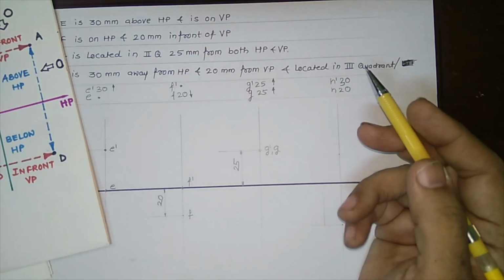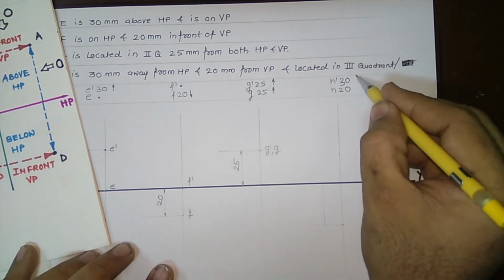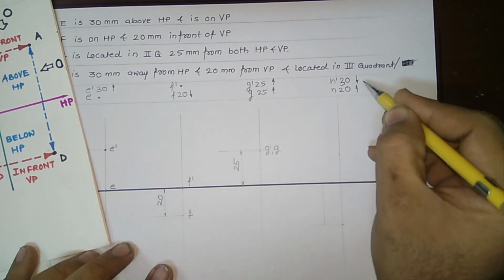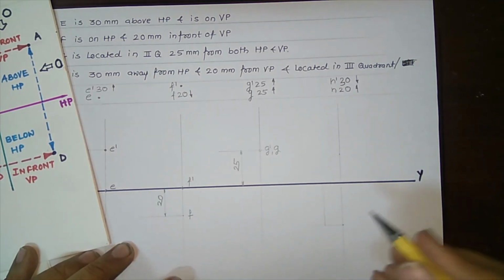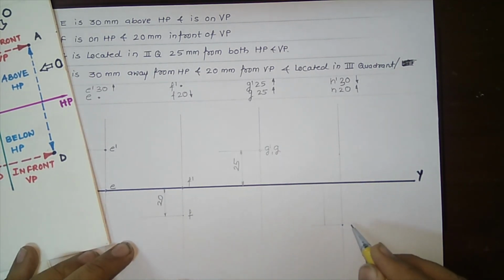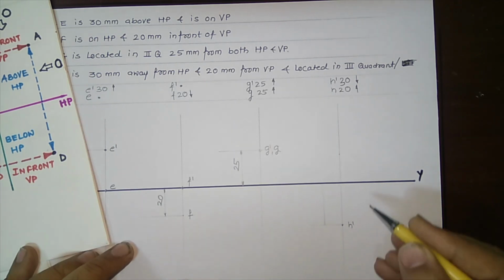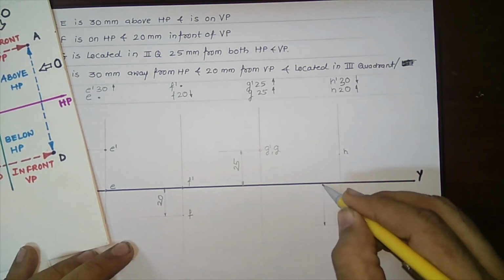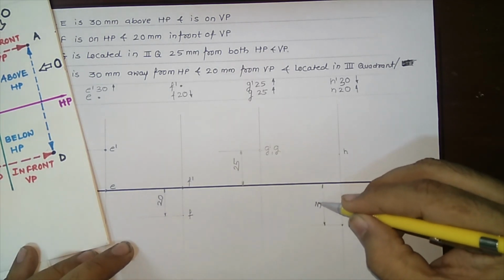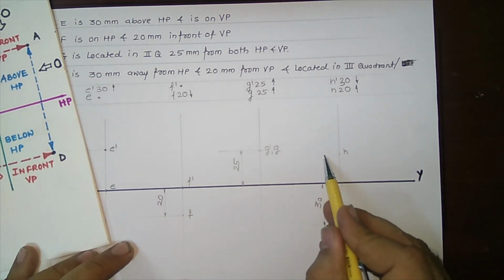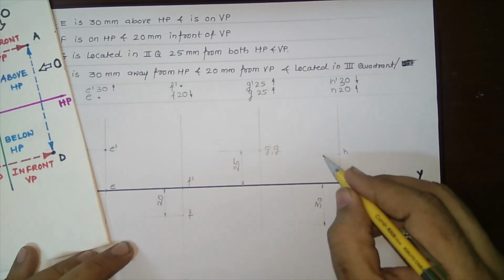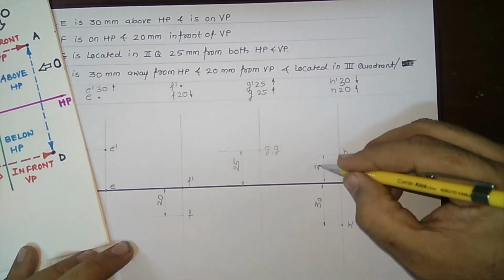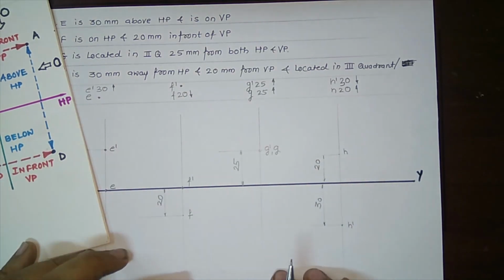Now how to plot below HP? So the front view below the XY line, and behind VP the top view above. So according to that I will mention that this point will be H dash, this point will be H. From here to here, this particular distance is 30, and this distance will be 20. Okay, so this is the way by which we will locate the point.